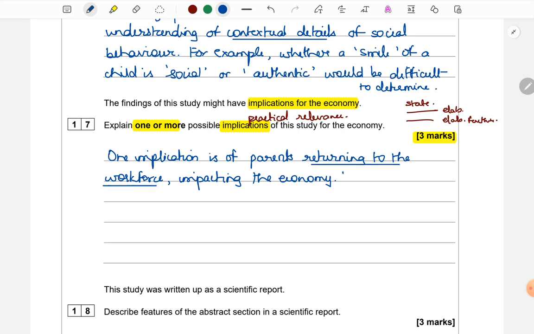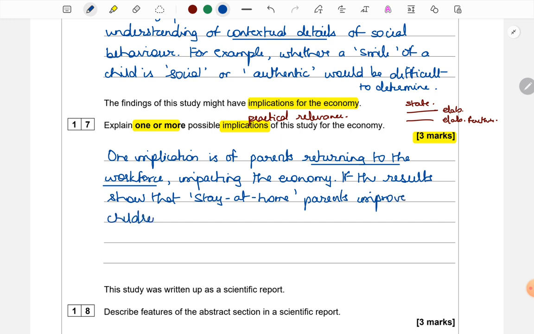If the results show that stay at home parents improve children's social behavior, that would encourage them to return to work.